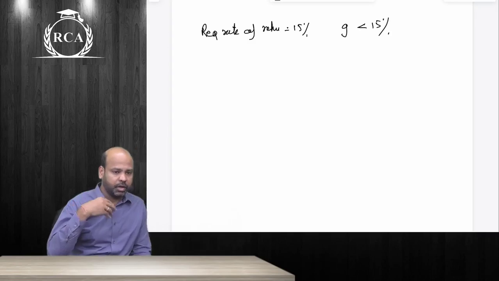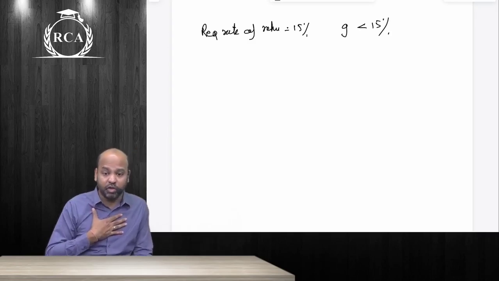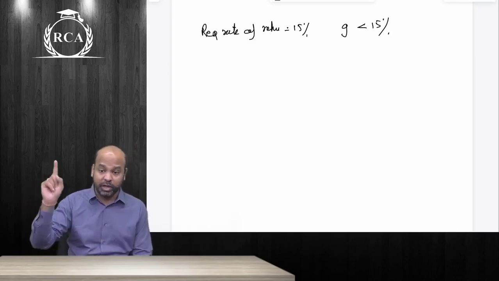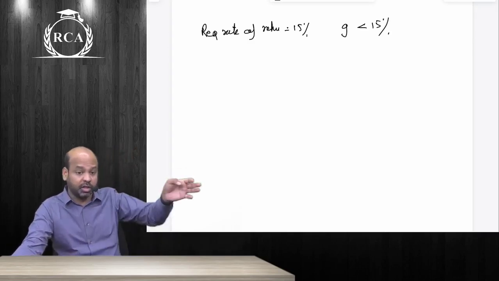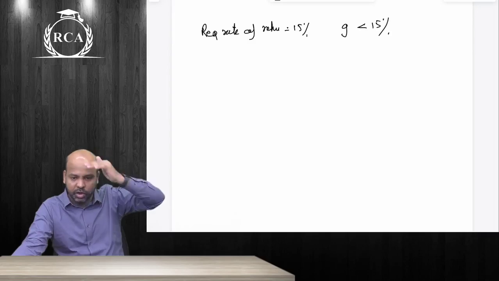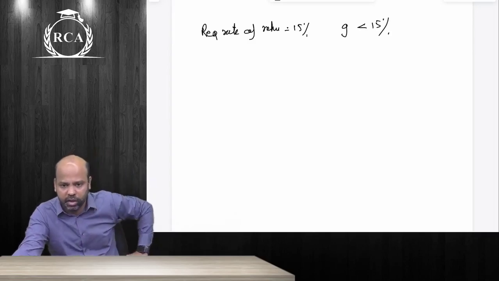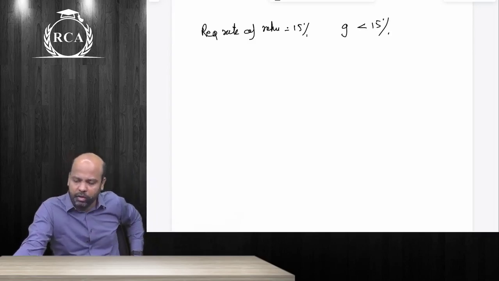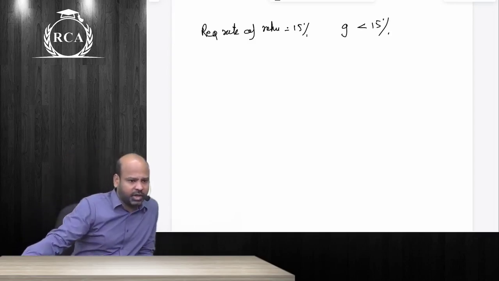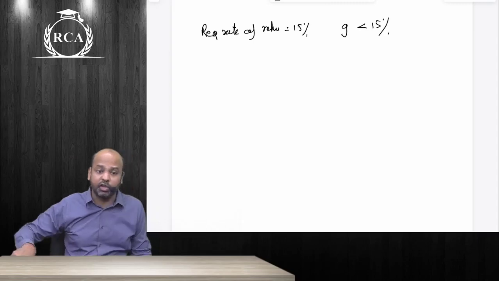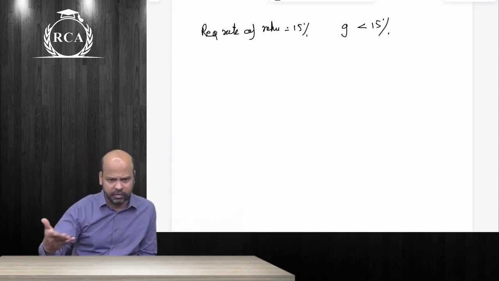Required rate of return is your expectation of return based on risk. That has nothing to do with the actual return being generated. A company whose actual return, beta, is 100% does not mean the required rate of return is 100%. Required rate of return is always based on risk. If you have invested in Tata Motors and it has decreased by 30%, if I ask you your required rate of return, will you tell me minus 30%?